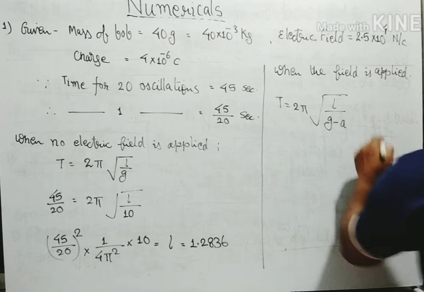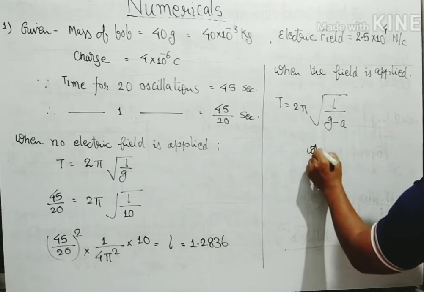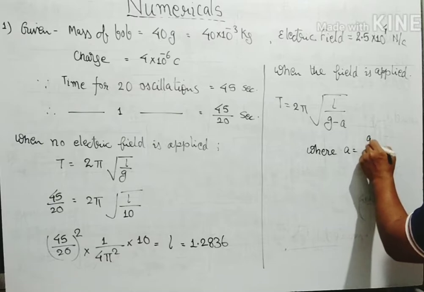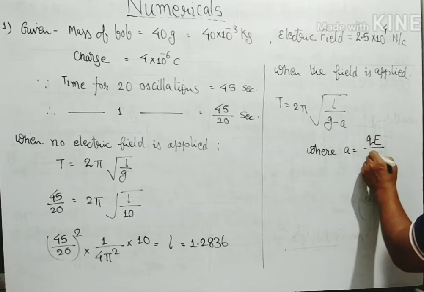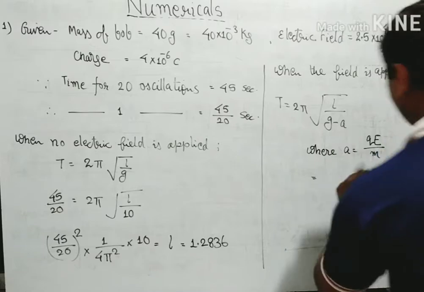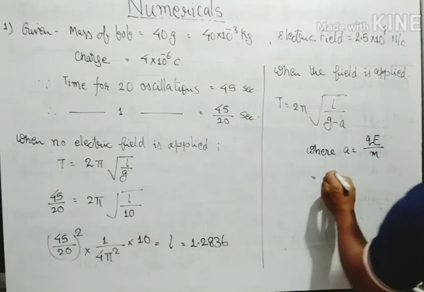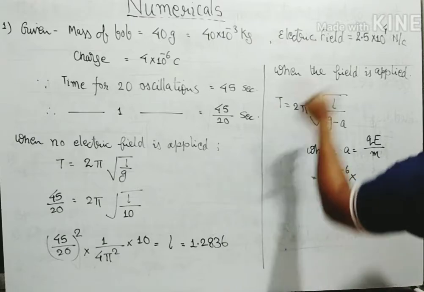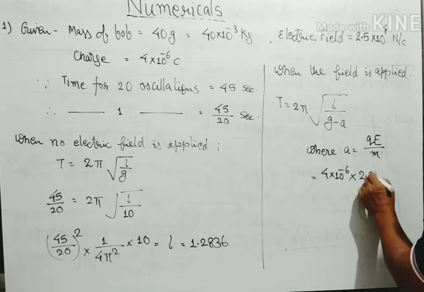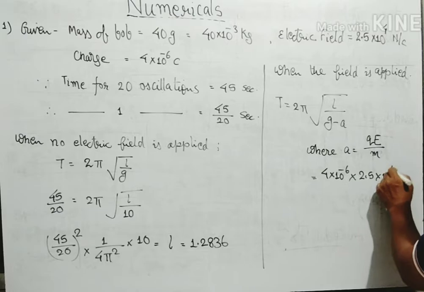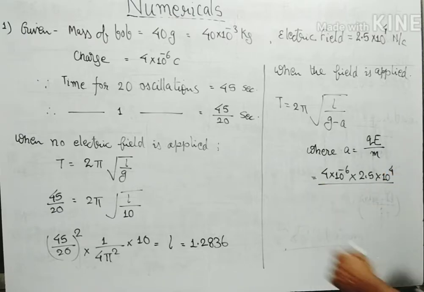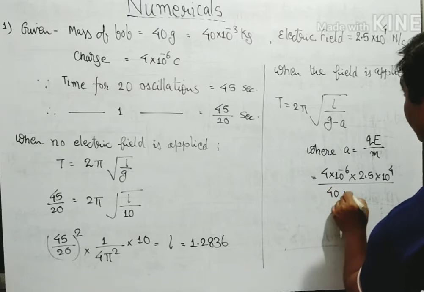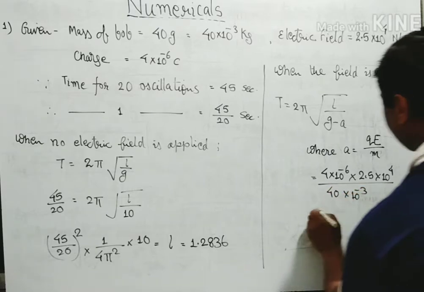So a equals F upon mass, where F is qE. Placing the values: charge 4 into 10 power minus 6, electric field 2.5 into 10 power 4, upon mass of bob 40 into 10 power minus 3.